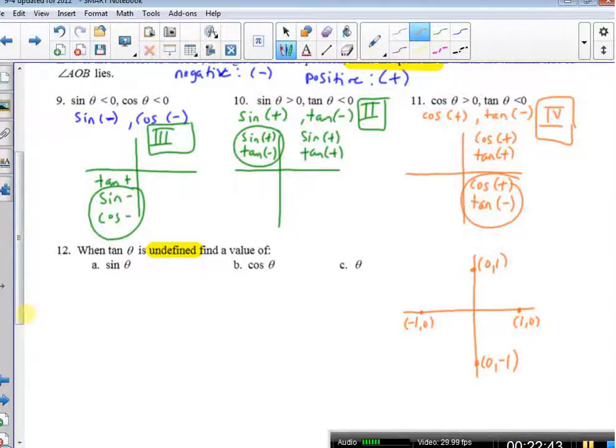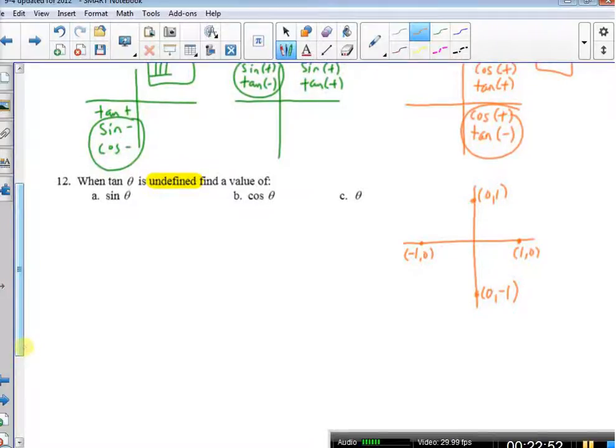So it appears as though the tangent of 90 degrees equals 1 over 0. That would be undefined. And the tangent of 270 degrees would be negative 1 over 0, and that's also where it's undefined.